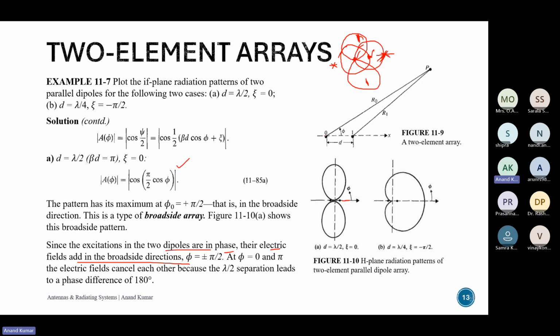So this is a little tough to visualize, but once we've calculated this function over here, what you can do is just plot the pattern function using this, and we'll get this H-plane radiation pattern. So I'll pause over here.